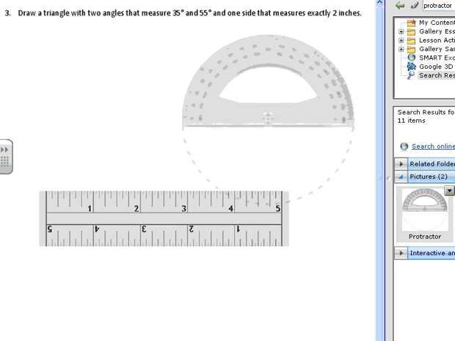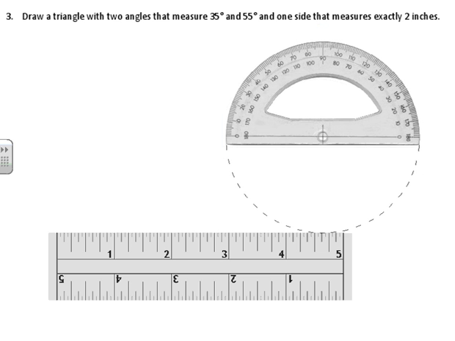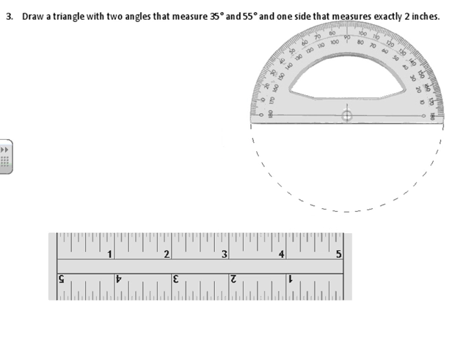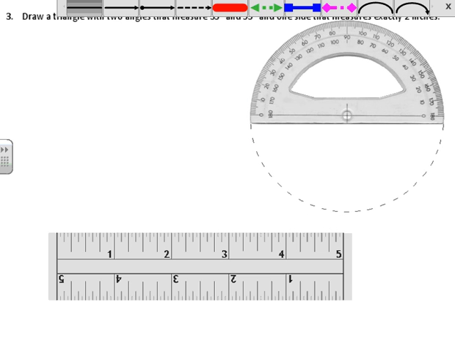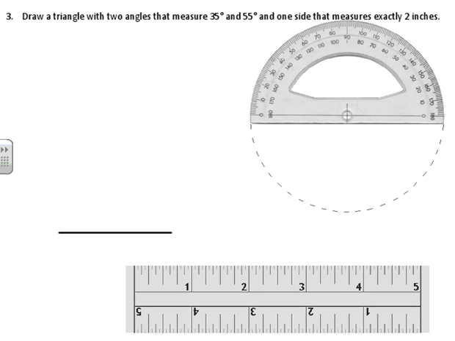And there's my protractor. I would suggest starting with your 2-inch line segment. So that measures right about at 2 inches. So I'm done with the ruler part, and we can label that 2 inches. And let's move this in the middle.